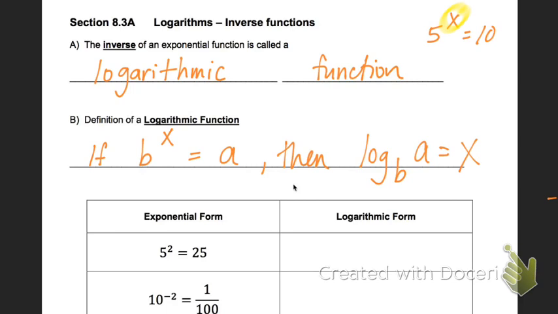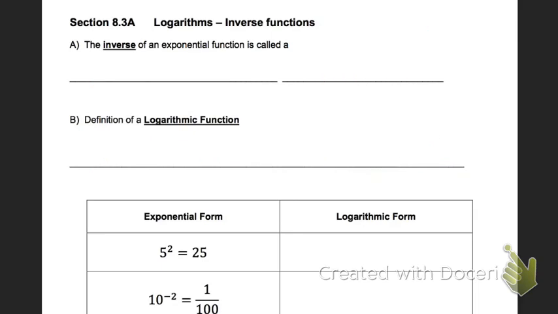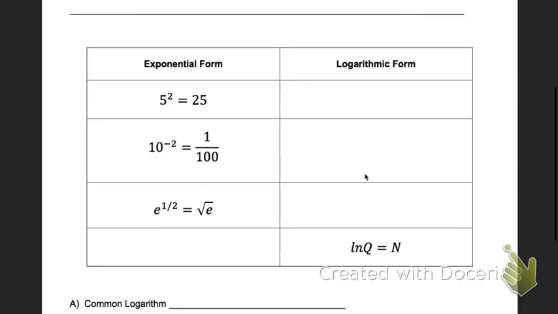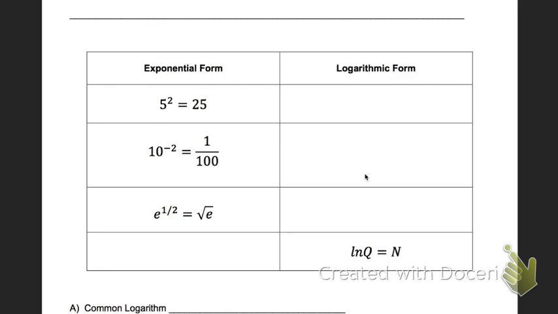So we're going to take all of these exponential forms that you see, and we're going to switch them around into log form so that eventually we can solve for what we call x, okay? So just bear with me for a second. So here we have 5 squared equals 25. That's exponential form. To put it into log form, this 5 is considered our base.